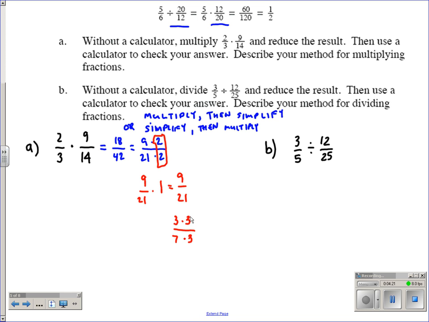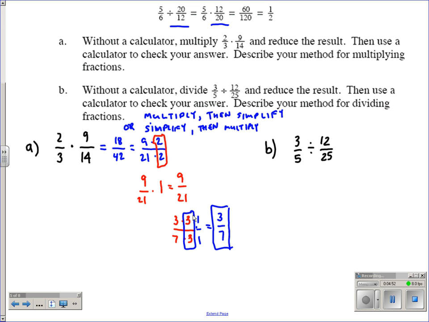Once again, we have a factor divided by itself, which equals 1. Remember, it doesn't cancel out or disappear. It becomes 1 over 1. So 3 times 1 is 3, and 7 times 1 is 7. We end up with 3/7 as our final answer.